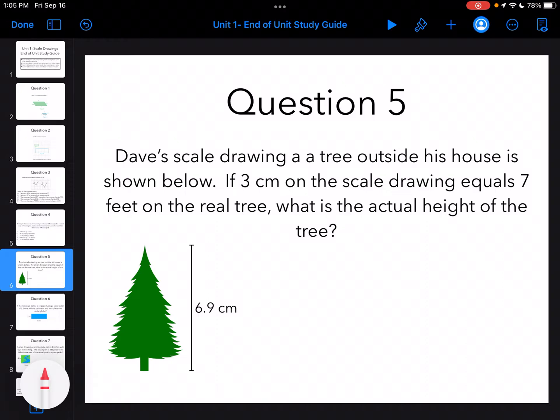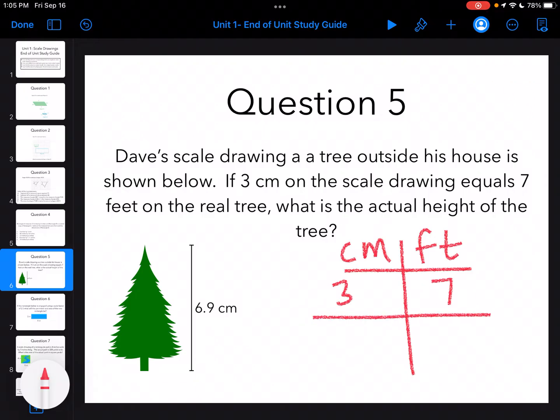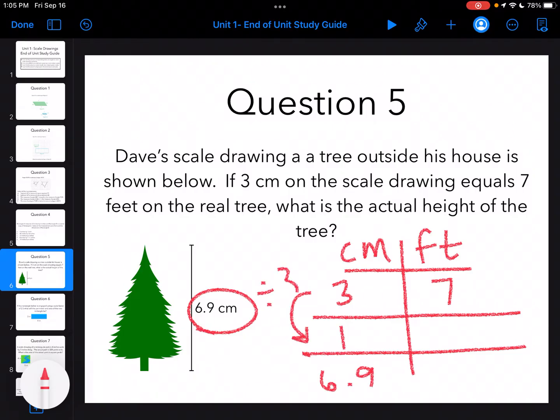Dave's scale drawing of a tree outside his house is shown below. If 3 centimeters on the scale drawing equals 7 feet on the real tree, what is the actual height of the tree? Well, I'm comparing centimeters to feet. So 3 centimeters to 7 feet. And I have 6.9 centimeters, so that's going to go right here. I'm going to find for 1. So I'm going to divide by 3 on each side.